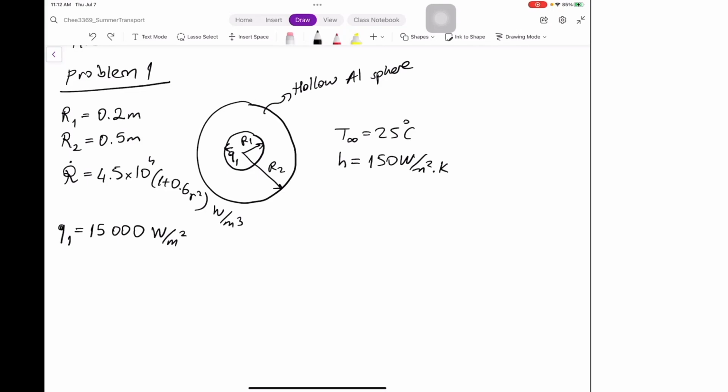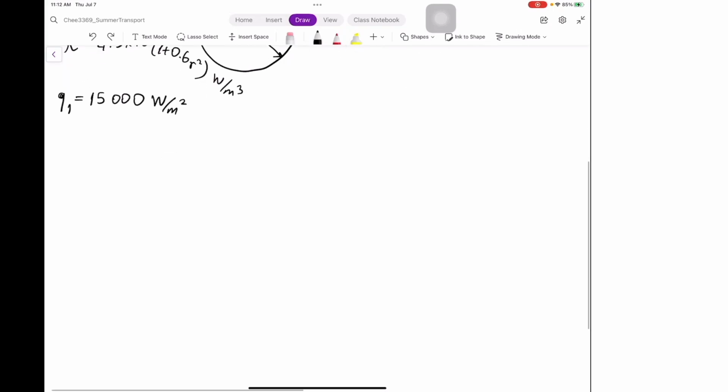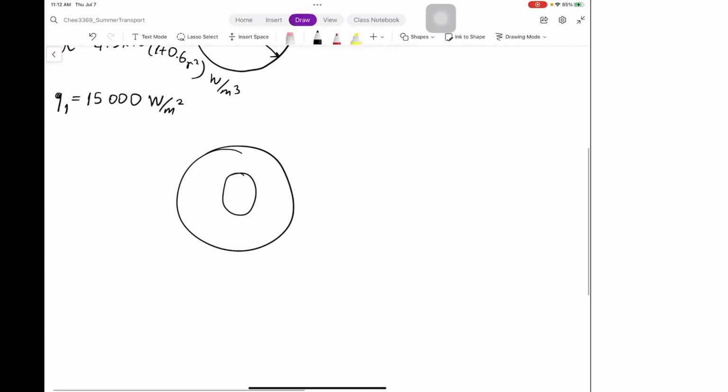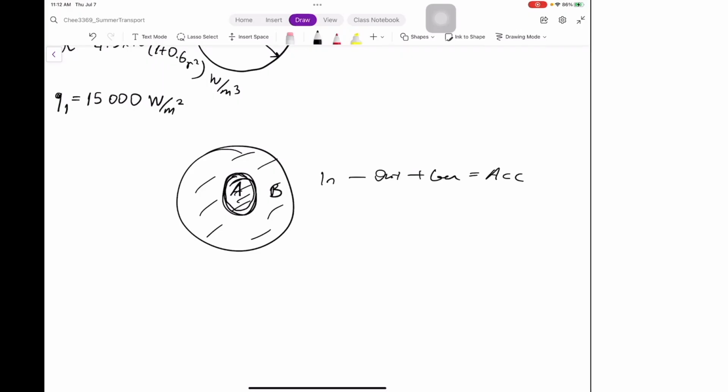Okay, that's pretty important. For example, if you have two spheres, 1, 2, and this is layer 1, this is the second layer, then if you take your system as material A, material B, if your system is material A, you're going to see that in minus out plus generation is accumulation, and if it's at steady state, and if there's no generation in A, and nothing coming in, there's nothing coming out.